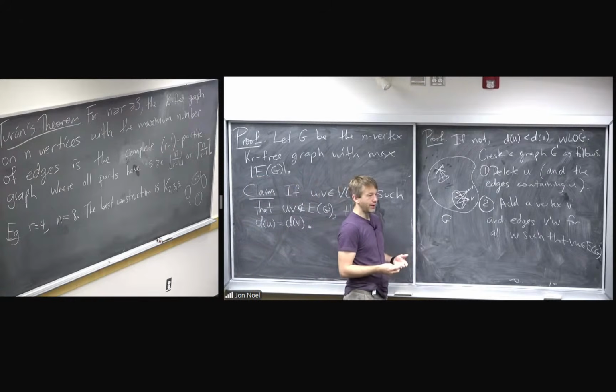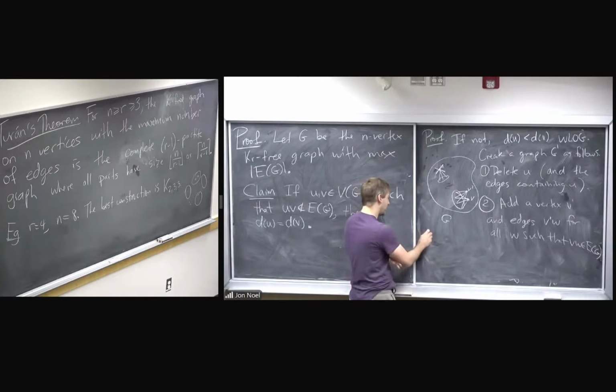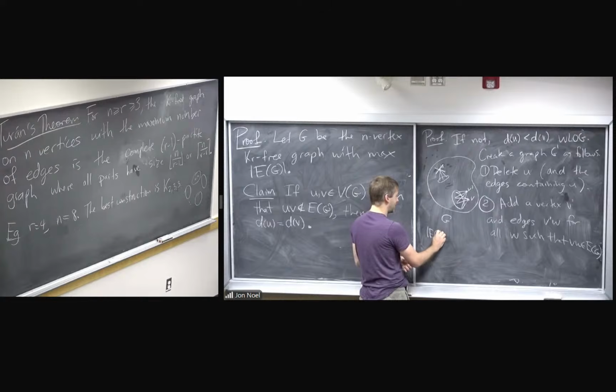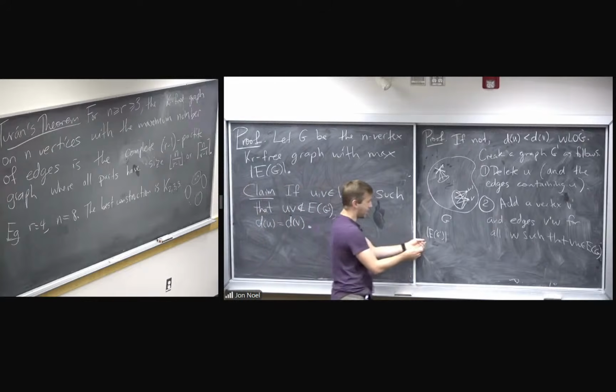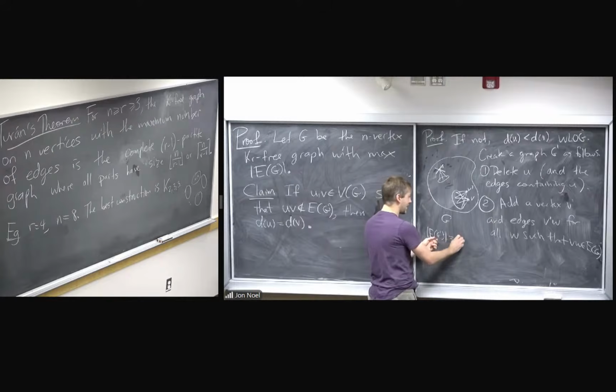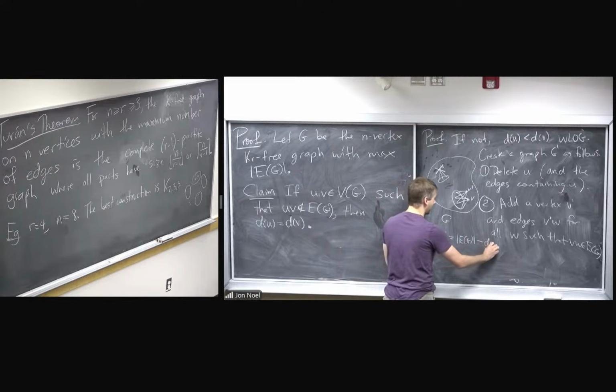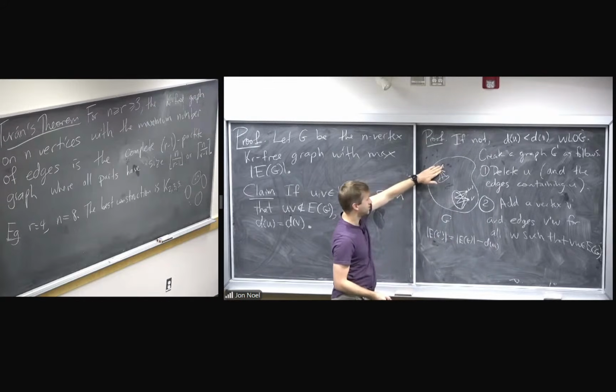Okay. What we have to do is verify. To get a contradiction, we need that this graph has more edges than G and it doesn't have a K_R. The number of edges is easy to compute, although it does require that U and V are not adjacent. I've got the same number I had before minus the degree of U, because I lost all these edges.